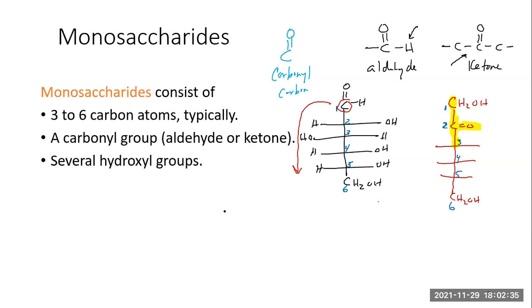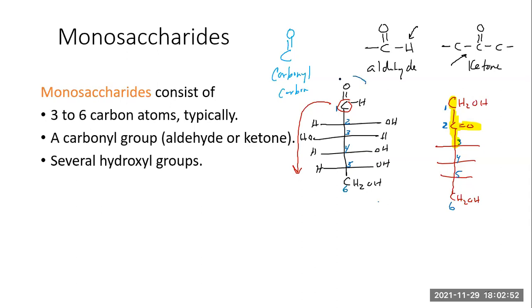And again, that is our ketone group, just like we see in organic chemistry. And we do see the carbon-oxygen double bond second in from the end, as opposed to the carbon-oxygen bond here with the hydrogen being at the very end.